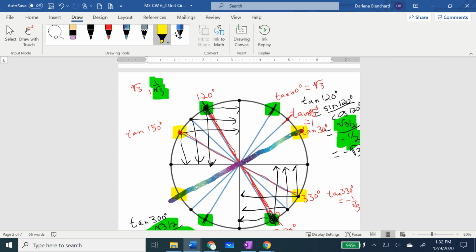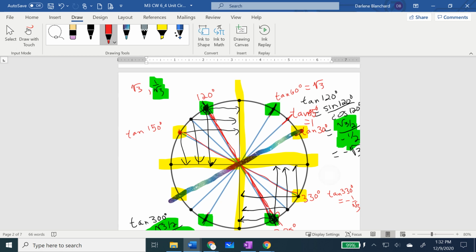And if you look at whether that's a positive or a negative slope, you can determine the positive or negative on that. The only slopes you're dealing with within quadrants are 1/√3, 1, and √3. The only other slopes that get involved are a slope of 0 and a slope that is undefined.